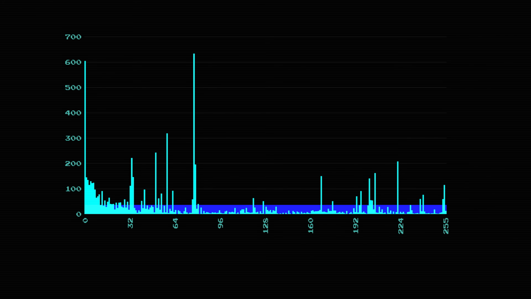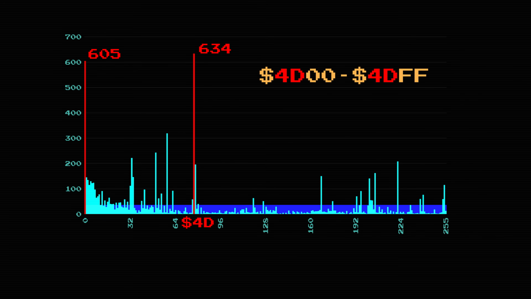However, 0 appears over 600 times. That's because there are some empty spaces in the code, which are just filled in with nothing but zeros. The number 77 also appears a lot, even more than 0. This is because this corresponds to the byte hex 4D, and the memory region from hex 4D00 to 4DFF is where most of the game's main variables are held.